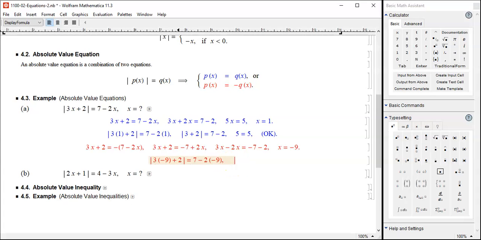The absolute value of -27 plus 2 is equal to 7 plus 18, negative, positive. -25 is equal to 25, and the absolute value of -25 is 25. That's okay.